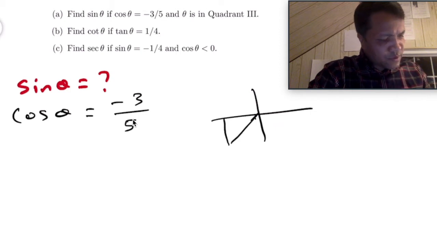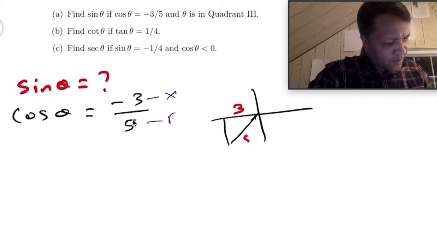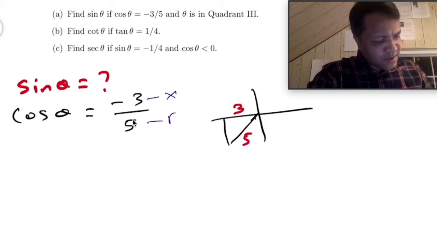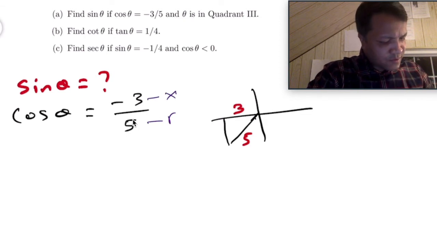All right. So we know so much. We know that this is x and this is r. So then this must be 3 and this must be 5. And a squared plus b squared equals c squared. The Pythagorean theorem will give us the y.